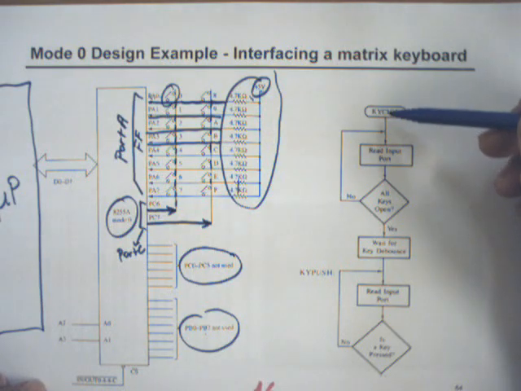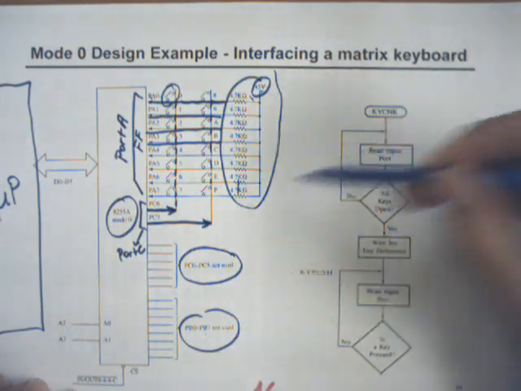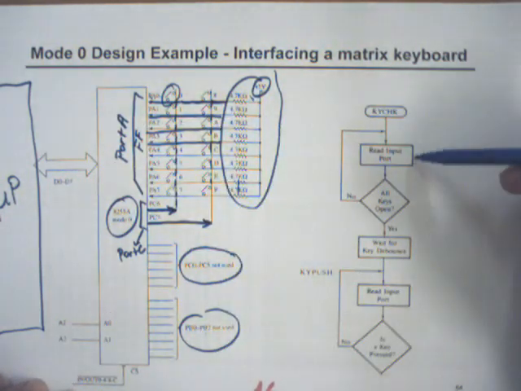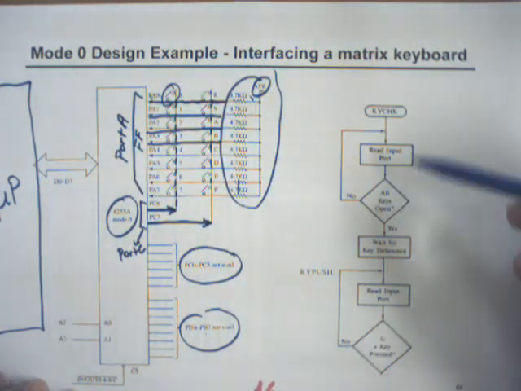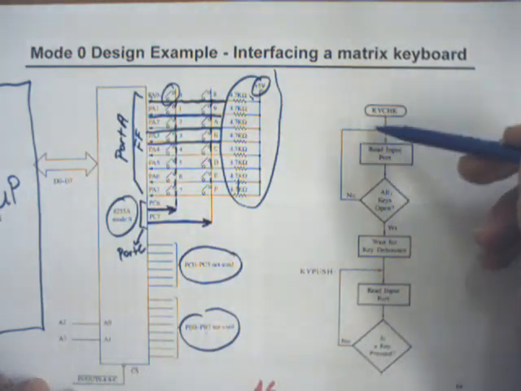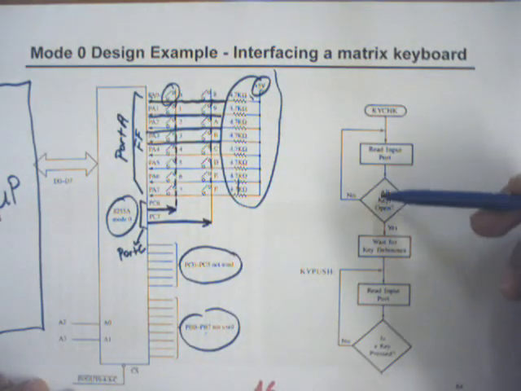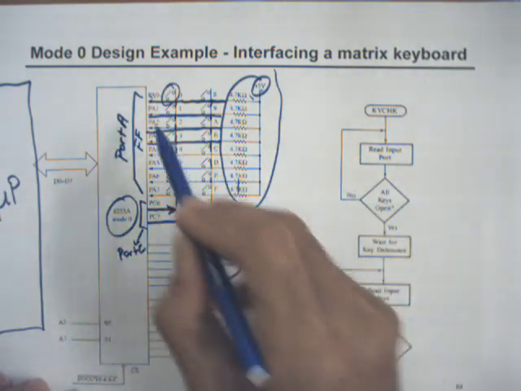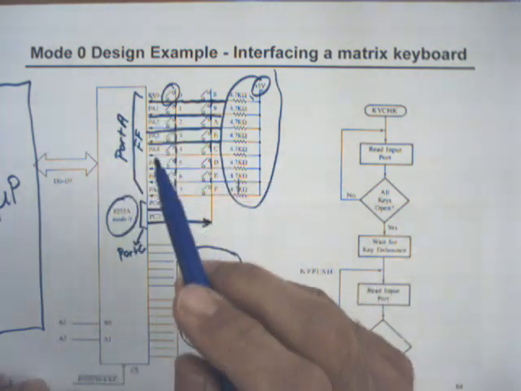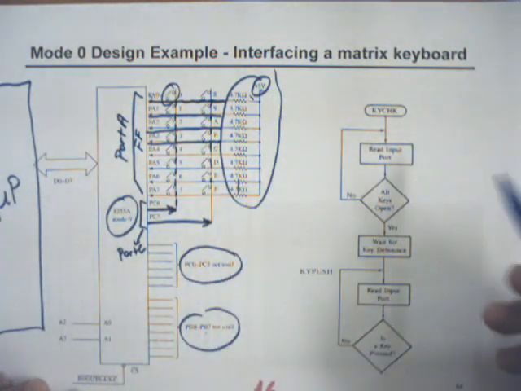So this key check is the flowchart of the software. First, you read the input port. Are all keys open, which means you receive FF, you continue reading. If any key is not FF, then wait for key debounce. So if this key is pressed, you have to wait a few milliseconds.